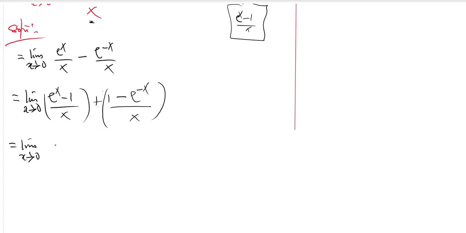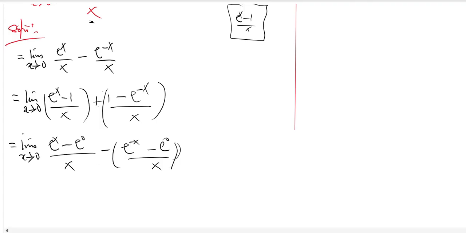If we break this down, we are going to have the limit as x approaches 0 of e to the power of x minus e to the power of 0 all over x, minus e to the power of minus x minus 1, right, which is e to the power of 0, all over x.